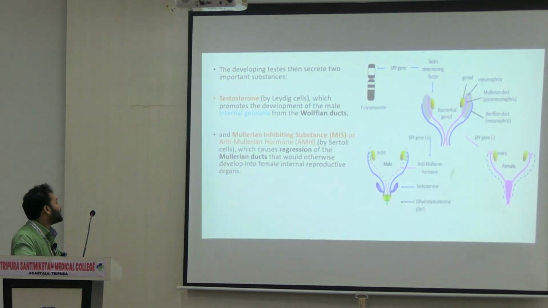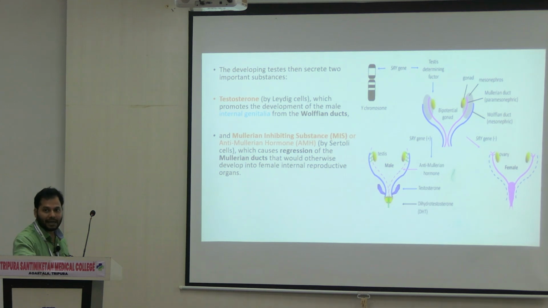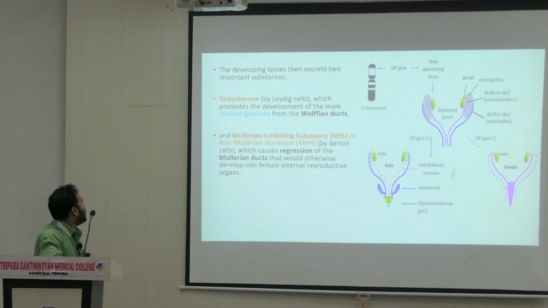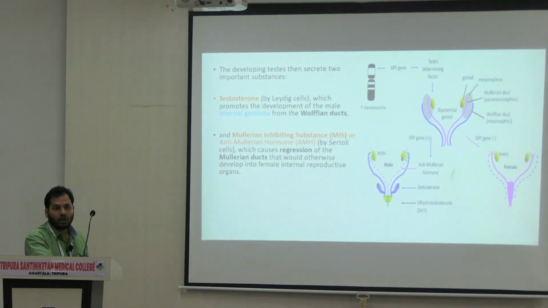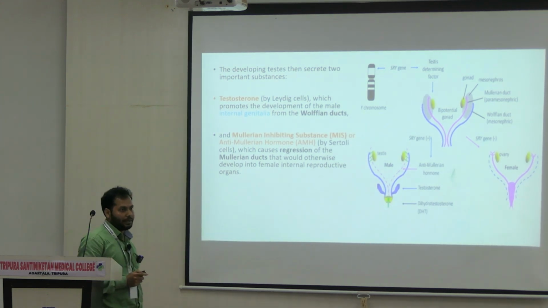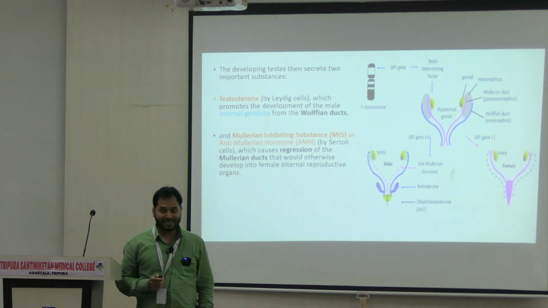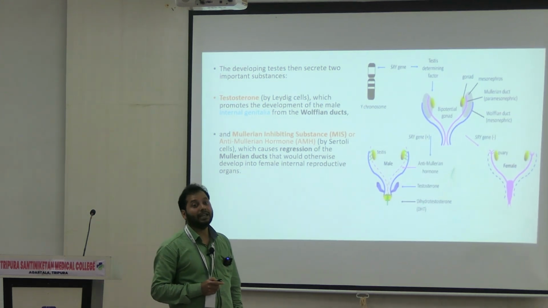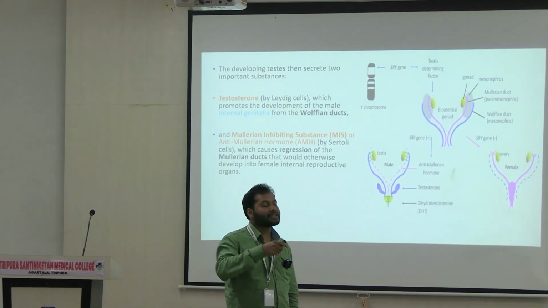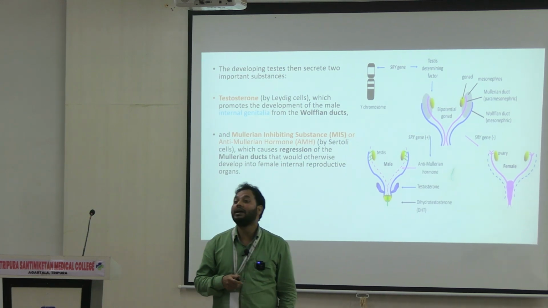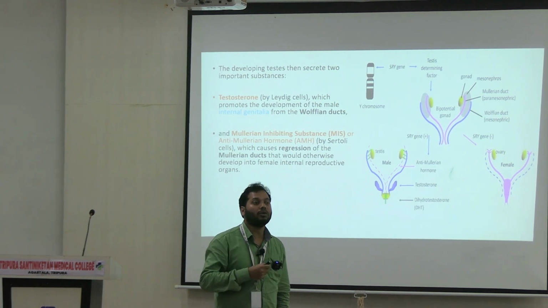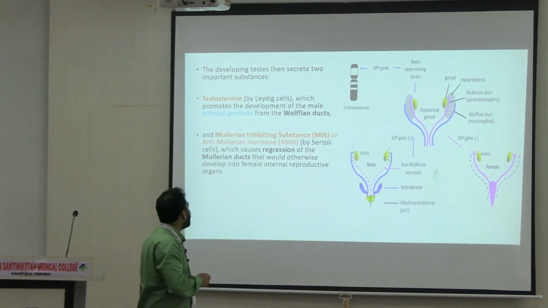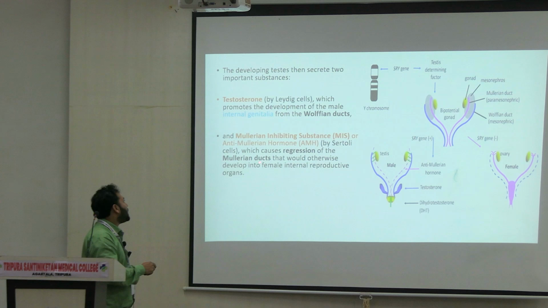On the other hand, another important hormone, that is the MIS hormone or anti-Mullerian hormone, is secreted from Sertoli cells. So what is the role of that anti-Mullerian hormone or MIS? It inhibits or regresses the Mullerian duct, which is mainly involved with the development of the female gonad. So here you can see it causes regression of the Mullerian duct.